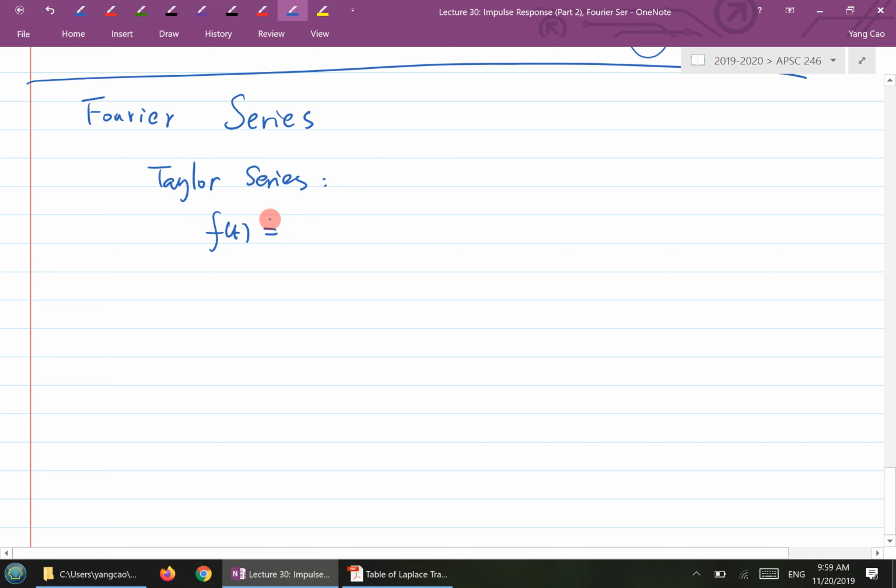If I'm going to get the Taylor series for function f of t around t equal to 0, you get a summation, n equal to 0, of the nth order derivative divided by n factorial, and then times t to the power of n. So that's the Taylor series. I'm sure you have used it, but I want to connect a couple of dots here.